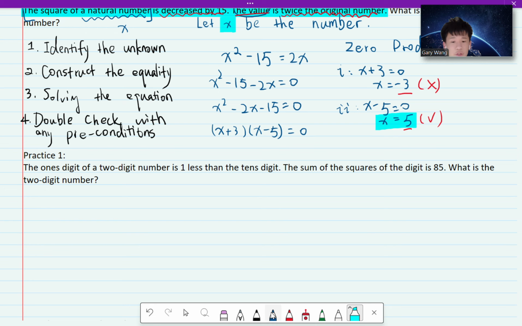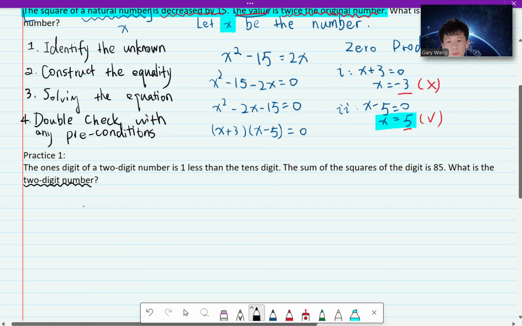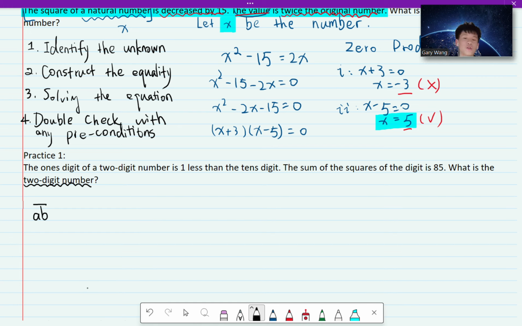So, after reading the question, we can clearly see that this 2-digit number is the result that we're trying to obtain. So any 2-digit number, we can generalize it as something like this. So it has 2 digits.